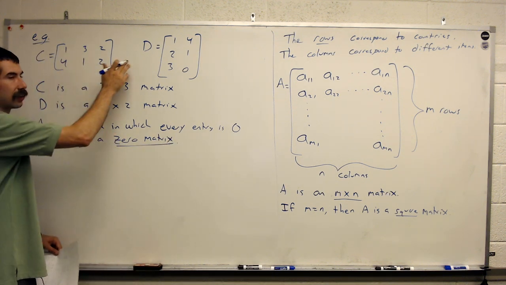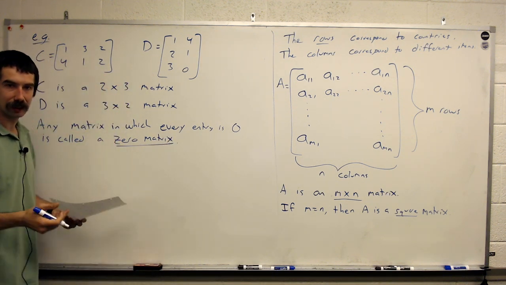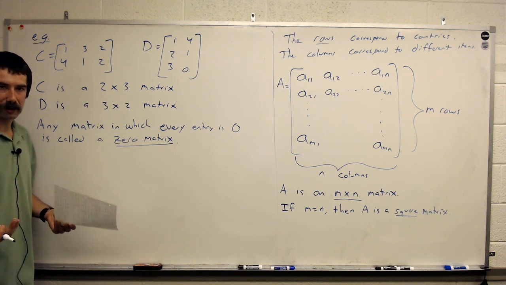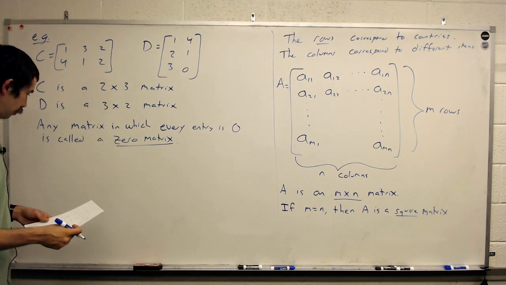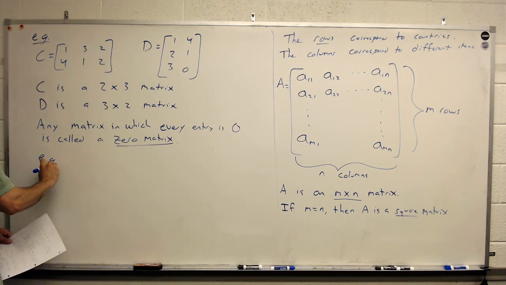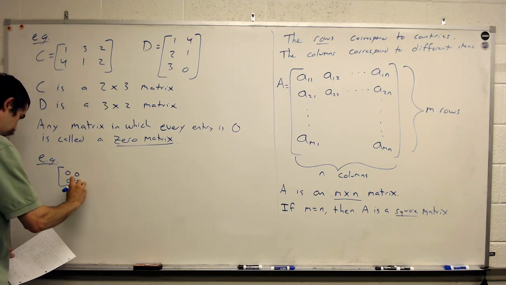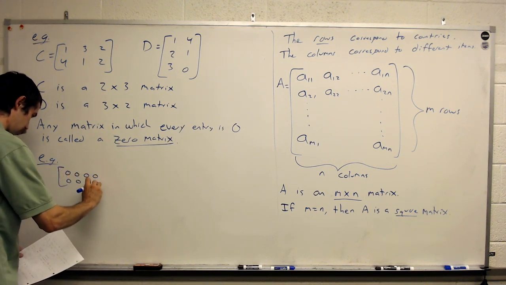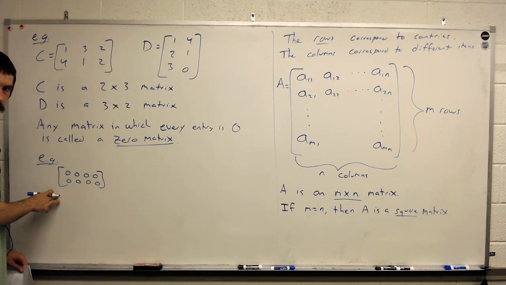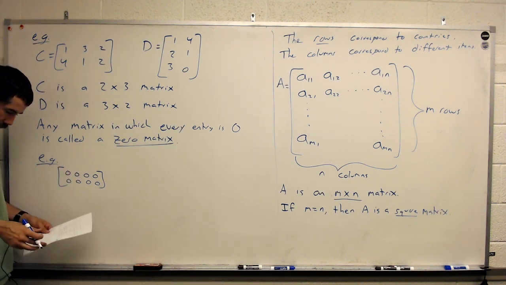Neither of these are 0 matrices because they have some non-zero entries. But for example, this is the 2 by 4 0 matrix.